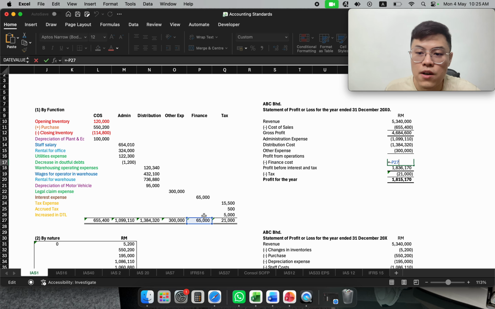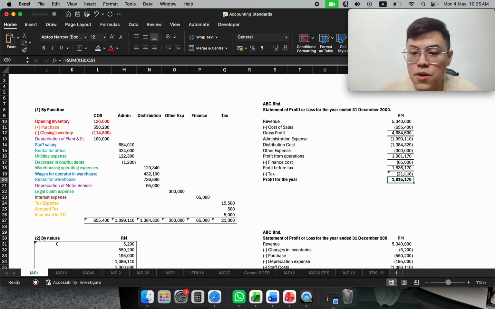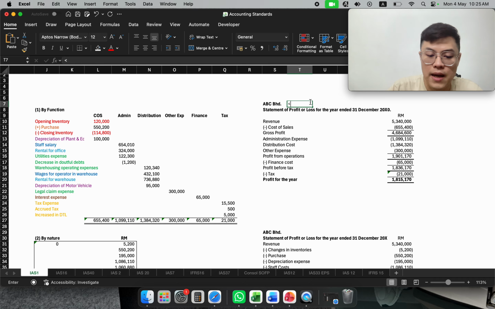Minus your finance cost 65,000, you get profit before tax. After that, we will minus our tax 21,000, we will get profit for the year, 1.815170 million. So this is our by function.